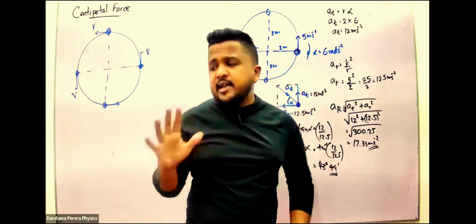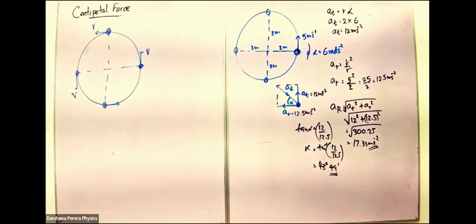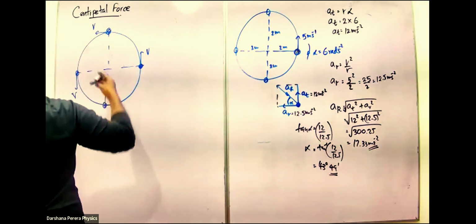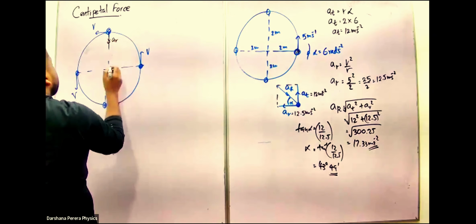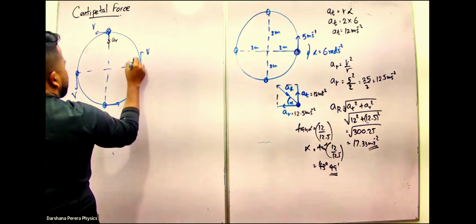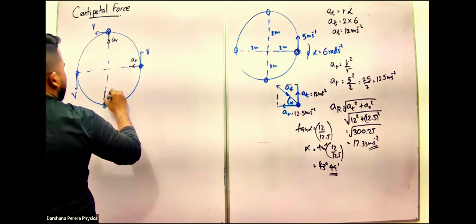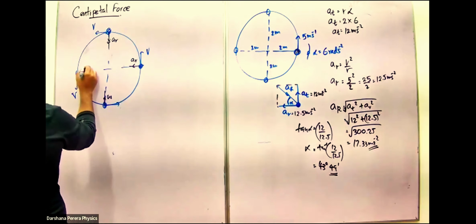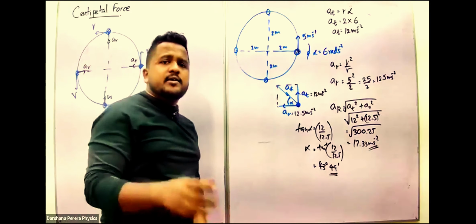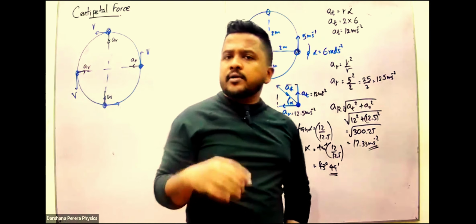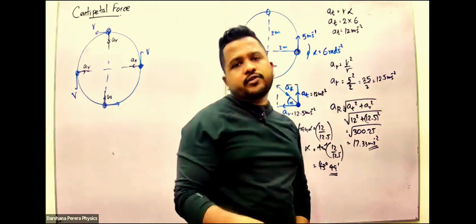Therefore, when the circular motion starts and there is a radial acceleration, there is a force called centripetal force.